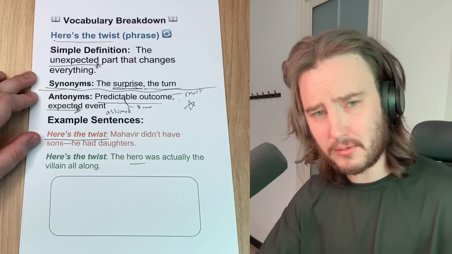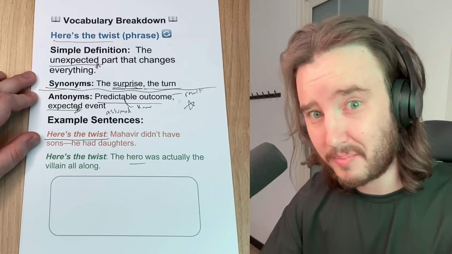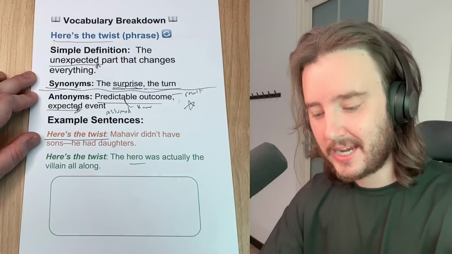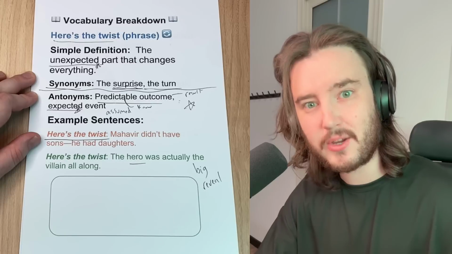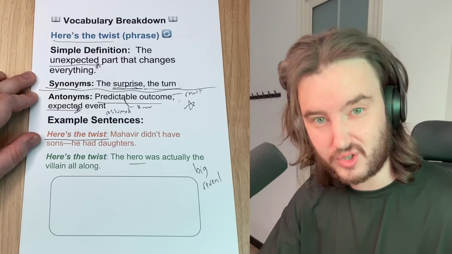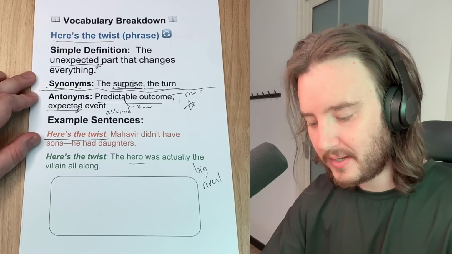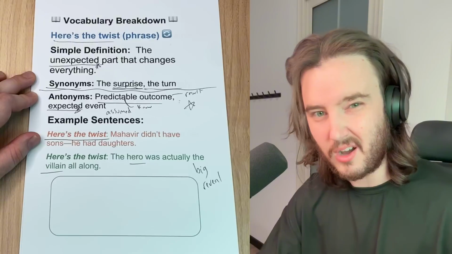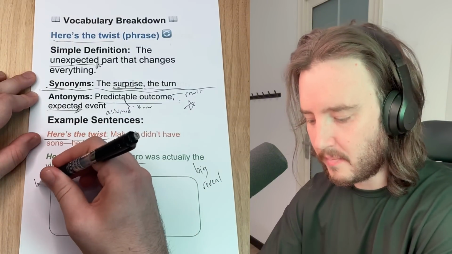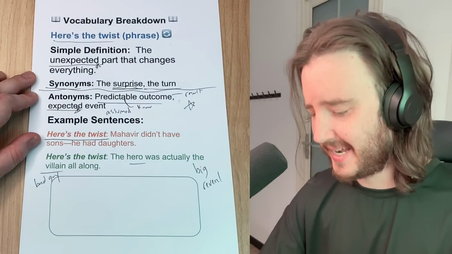You thought the hero was the hero, but actually, here's the twist. Here's the part you didn't expect. Here's the big reveal. A big secret is exposed or revealed or shown, right? Actually, the hero was the villain all along. What's a villain? The bad guy, right? Hero's the good guy, villain's the bad guy.